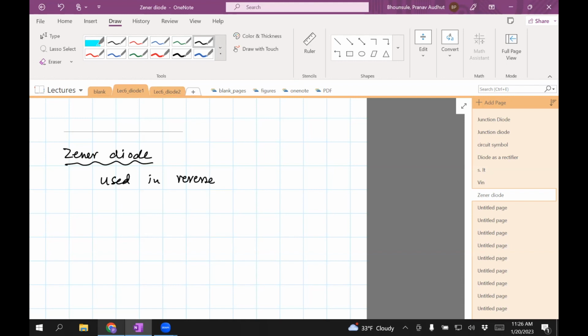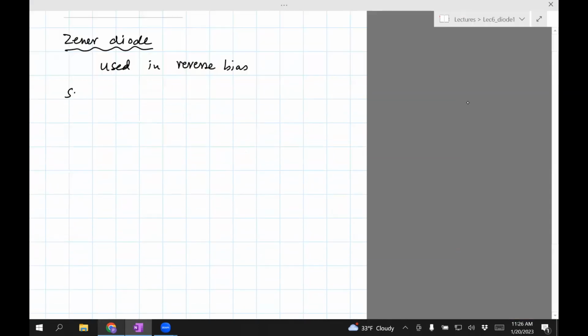It is very much like a junction diode, but a junction diode is more used in forward bias, whereas a Zener is explicitly used in reverse bias. The symbol for a Zener diode is as follows. Okay, so this looks like a Z, and it has the same meaning. This is positive, this is negative. So ideally you want to connect this in reverse bias, which means you want to connect this negative to the negative part of the power supply.